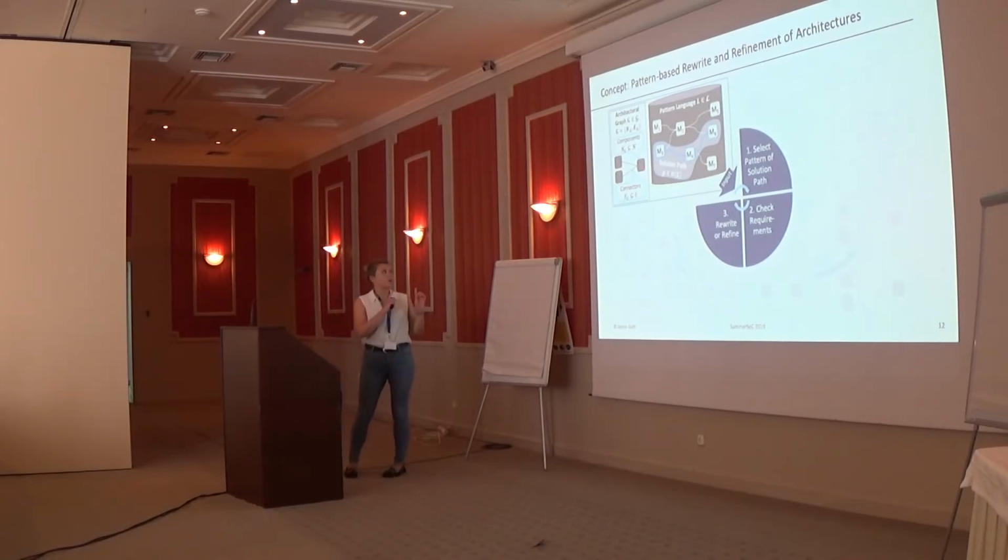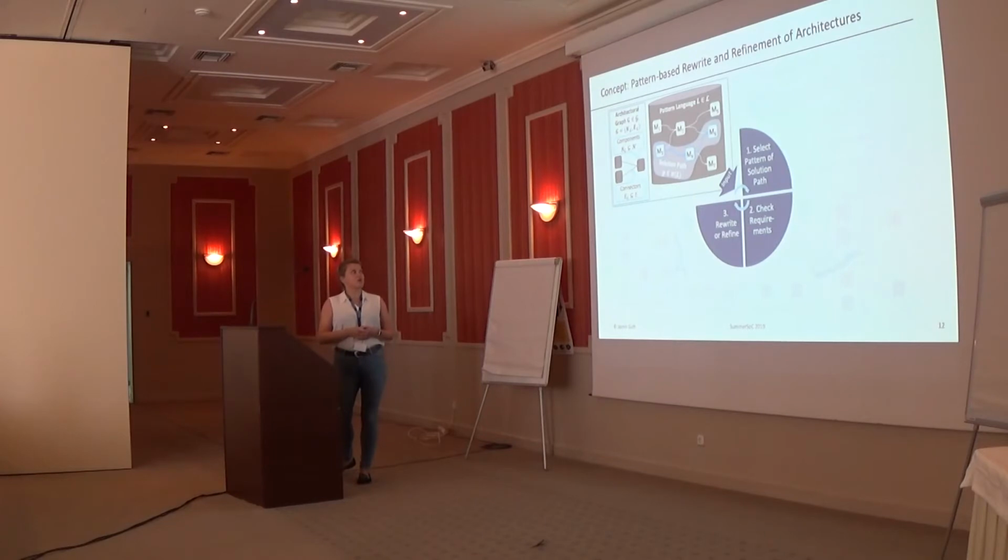One point which is not depicted is that the components have assigned types. And the second part of our input is a specific solution path which you selected, which should be applied to our architectural graph, and which is of a specific pattern language. And as already said, you might also use just single patterns.